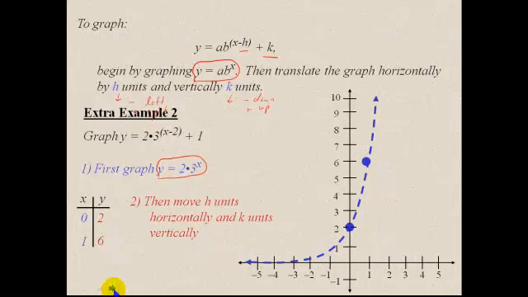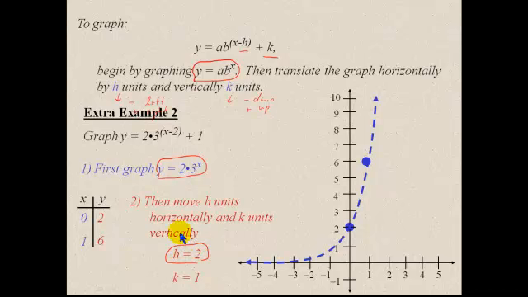So let's move this, or translate this, using our h and our k. And we have to see, if I look up here in my base formula, my h value, since it's x minus h, that means that h is a positive 2.